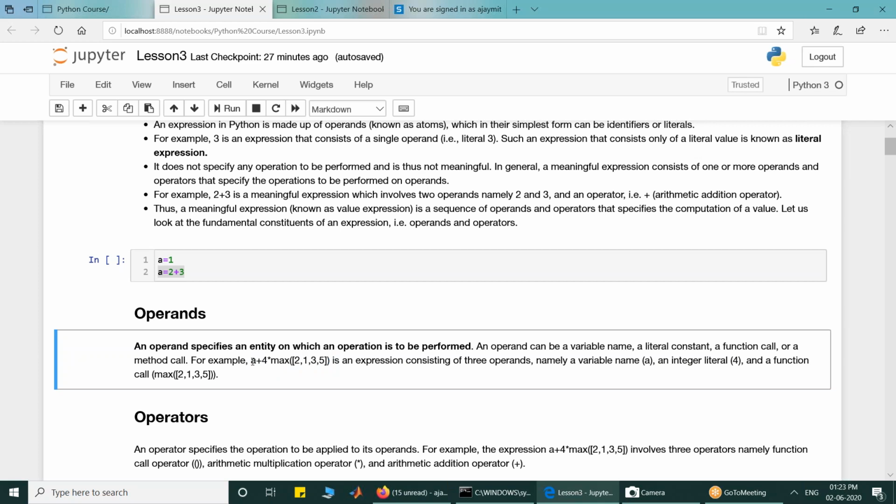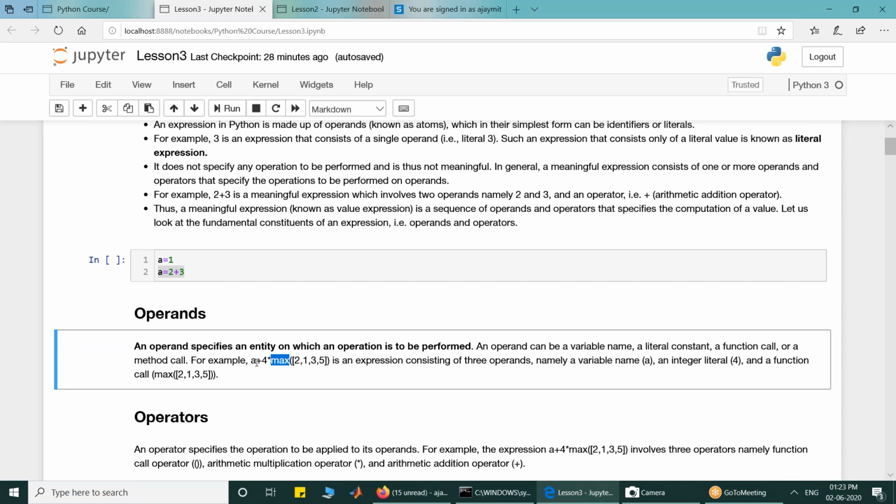We have 3 operands: a, which is an identifier, 4, which is an integer literal constant, and max, which is a function call.